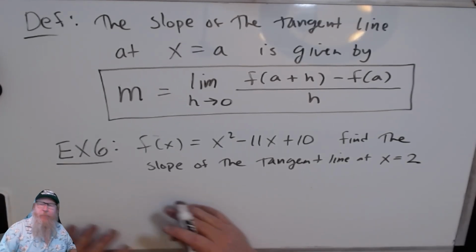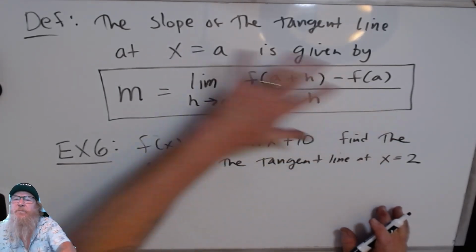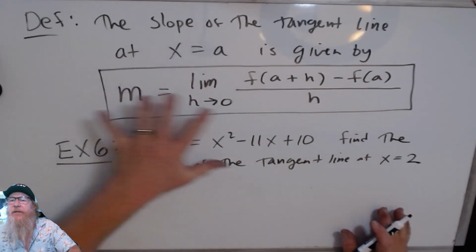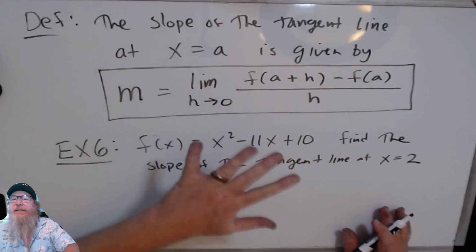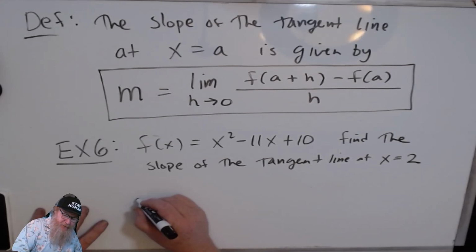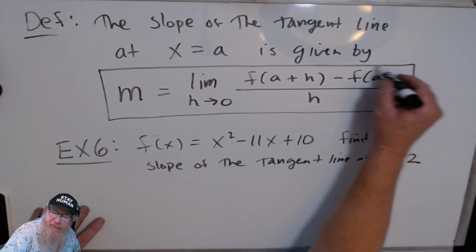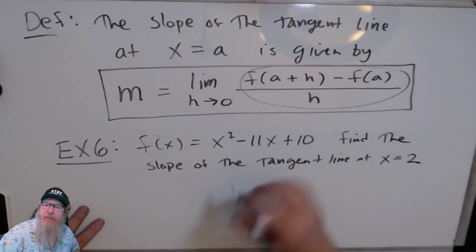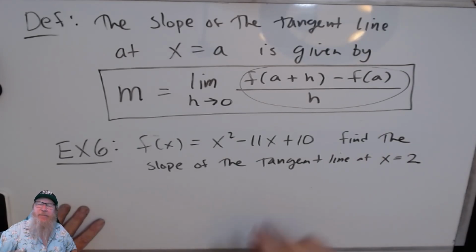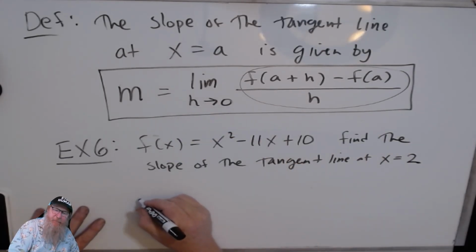Well, now we could just put this entire recipe in there. I like to do it in steps. So let's first do this, because we've done that several times, and then we'll take the limit when we're done.